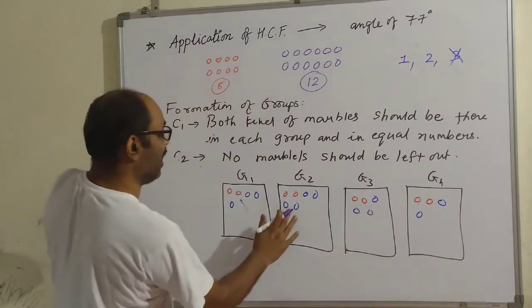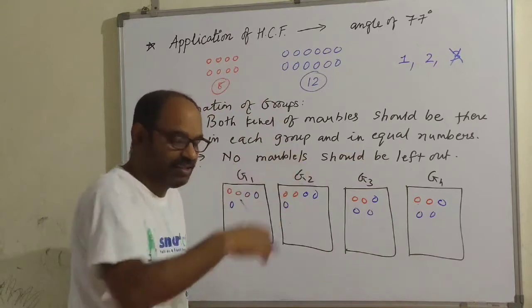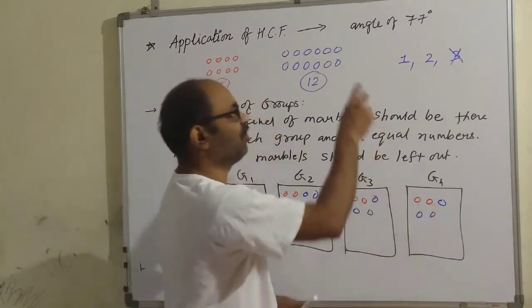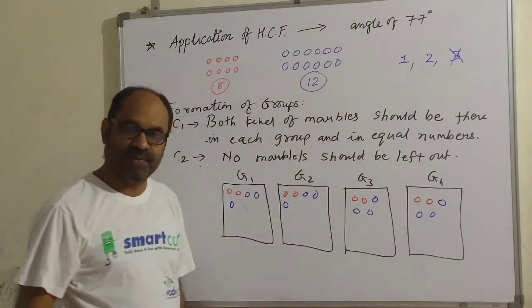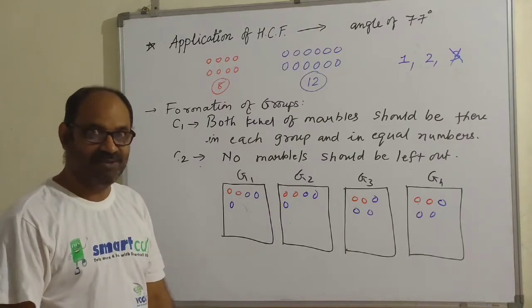I made a mistake while distributing the marbles. Yes, see the allocation. You can see 3 blue marbles each are placed in 4 different groups, and not a single blue marble is left out.